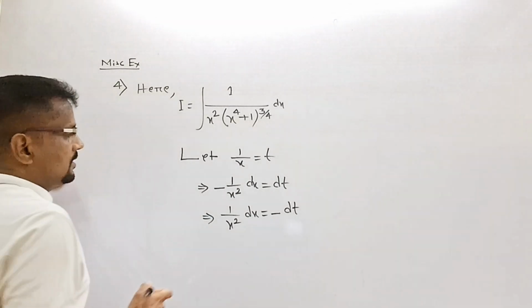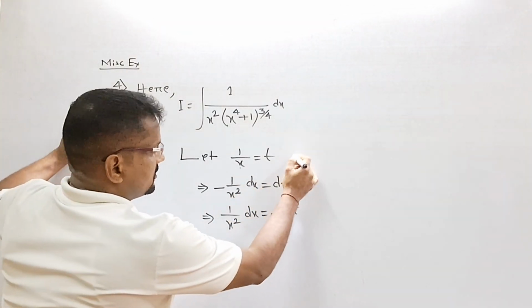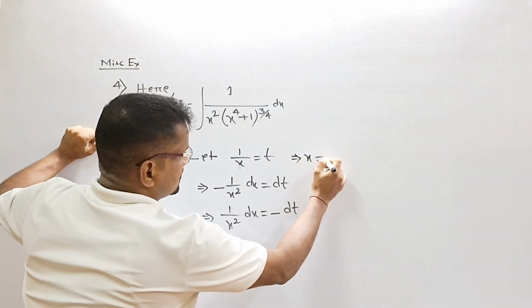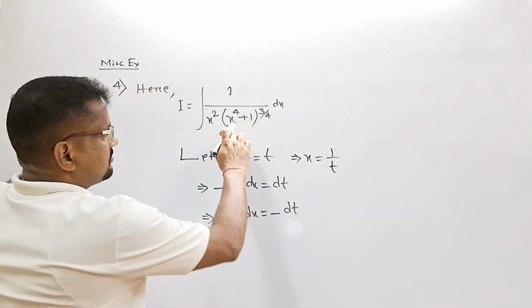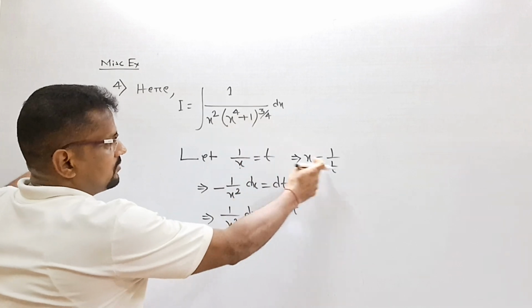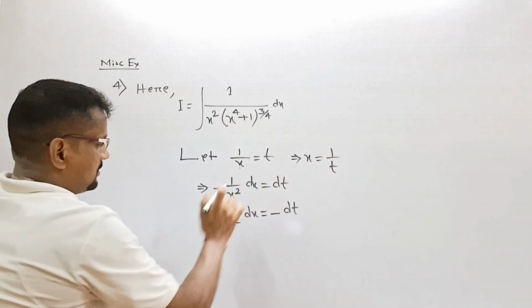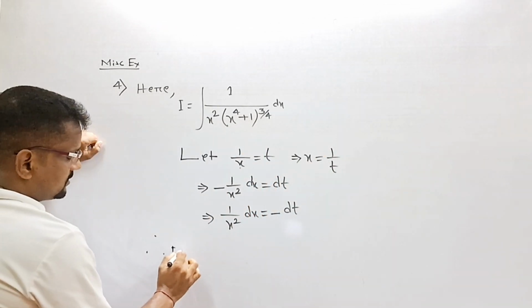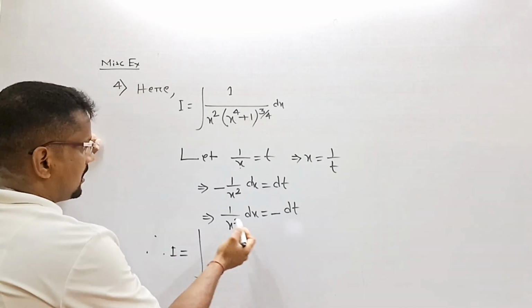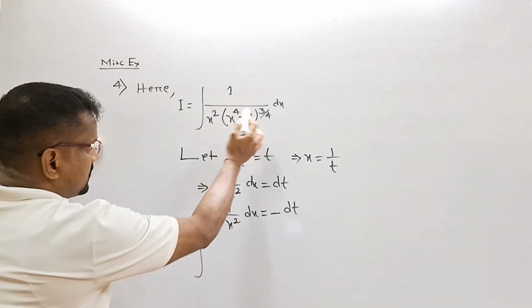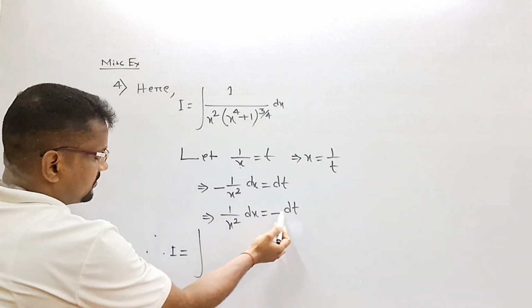Now see, if 1 by x equals t, from here you can say x equals what? 1 by t. It means x to the power 4, we are going to put 1 by t to the power 4. So I reduces to, I equals integration of 1 by x square dx, which is minus dt.